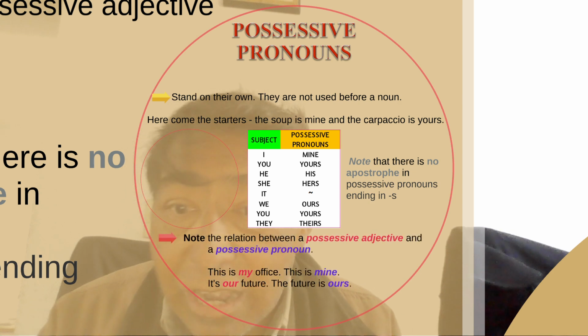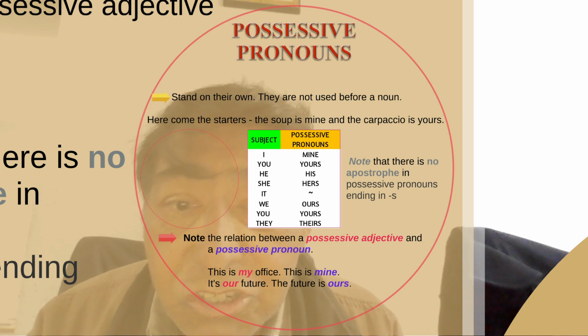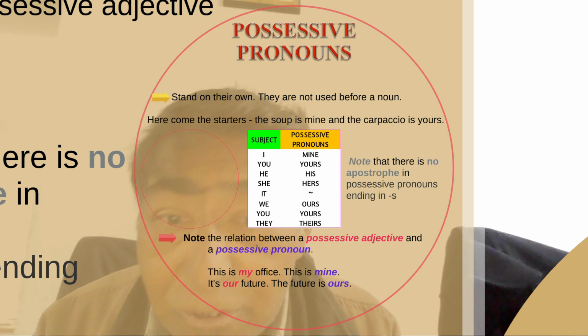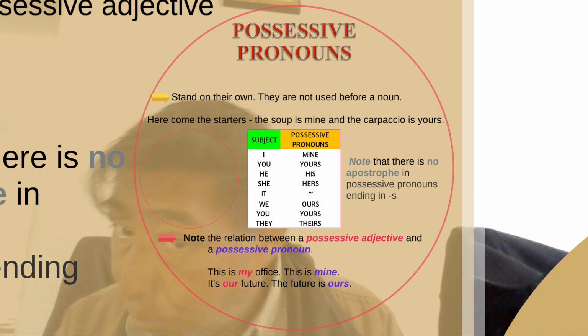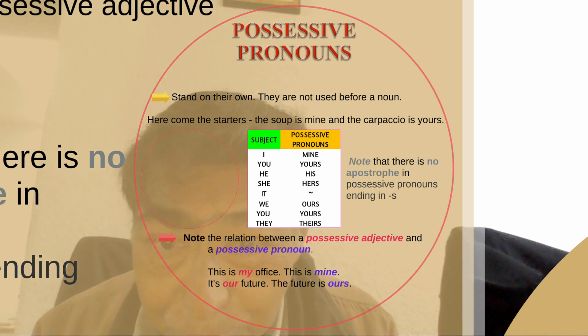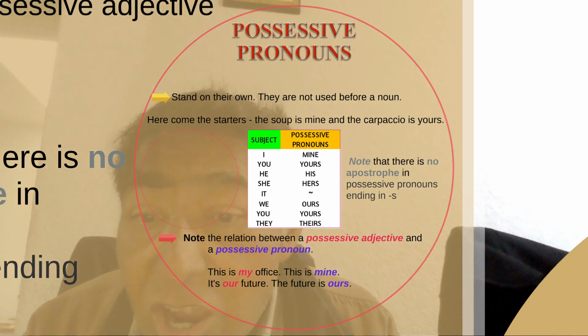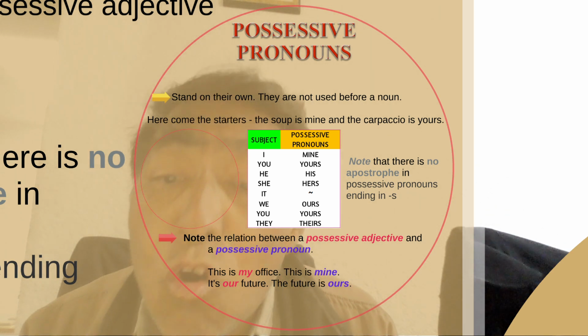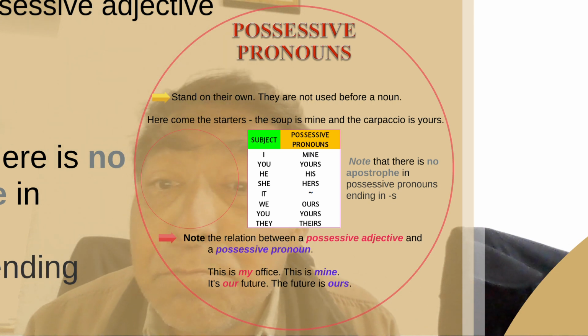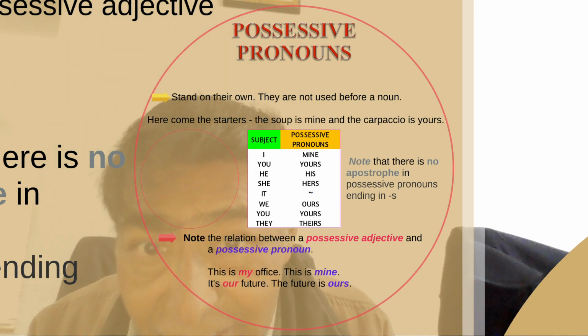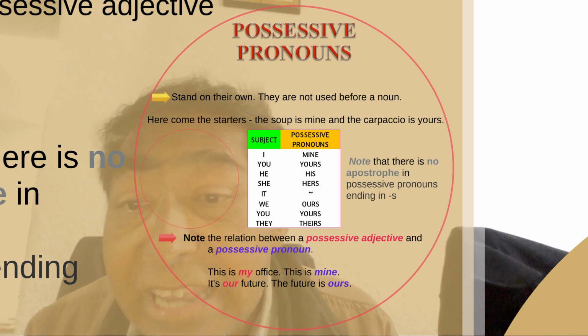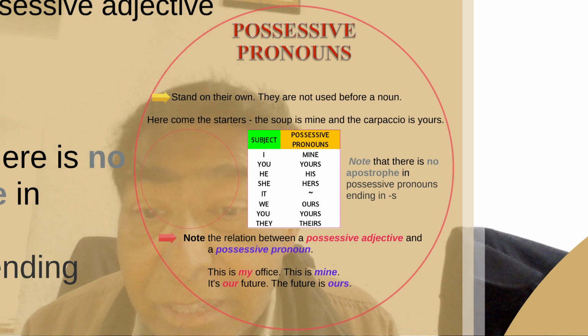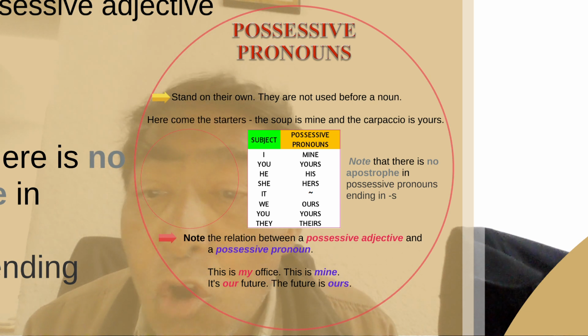Now, note the relationship between a possessive adjective and a possessive pronoun. This is my office. This is mine, indicating the possessive pronoun, mine, and the possessive adjective, my office.